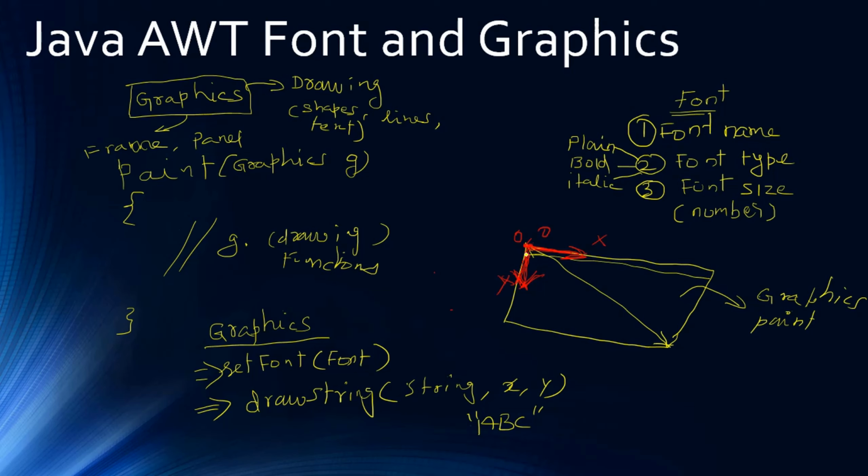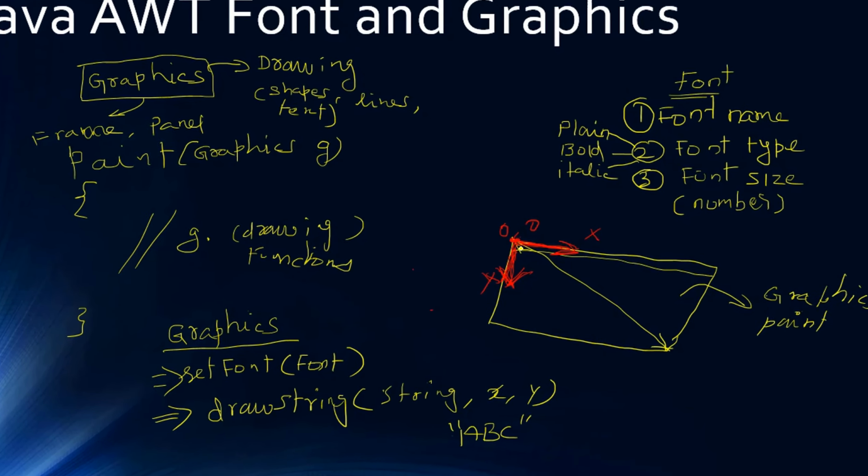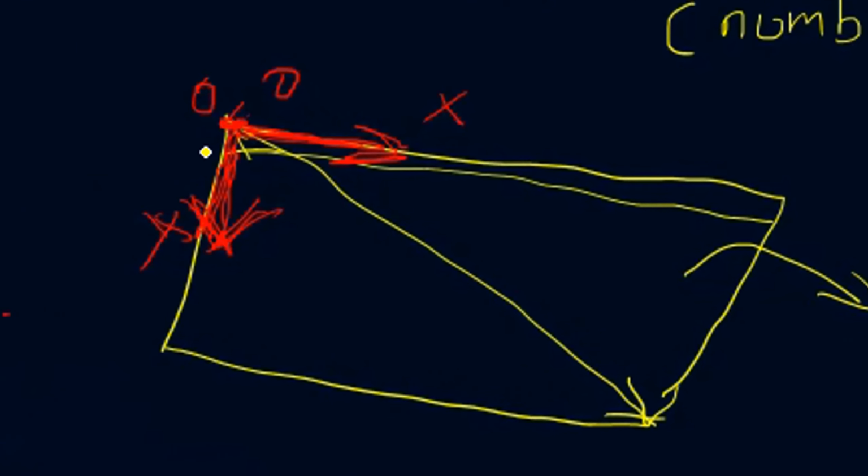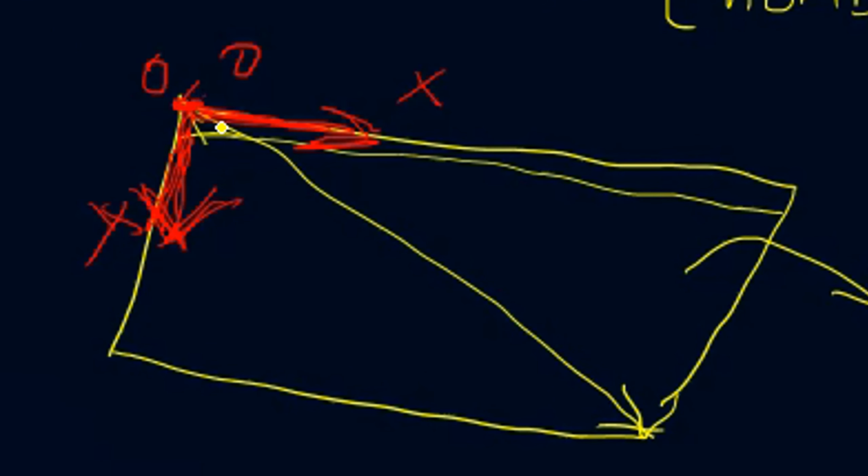So for example, let us say if I specify 0, 0, then if the font size is so small, the string will appear here, but that will be hidden by the frame. So we can pick some location, like X 50 and Y 50.